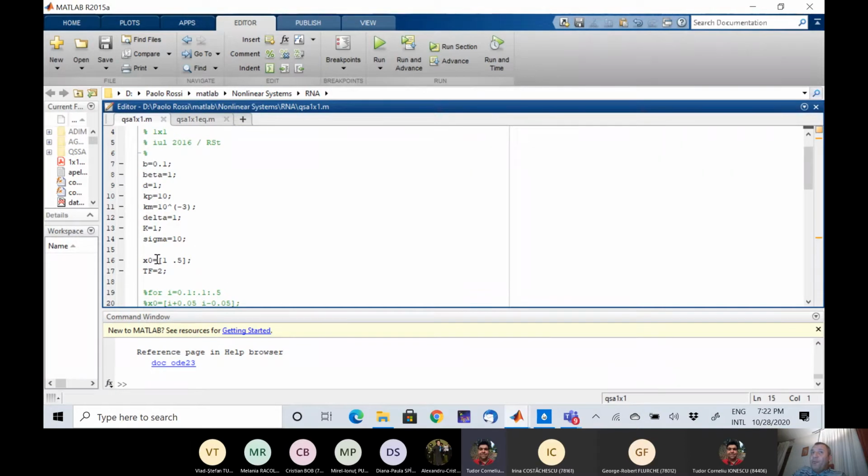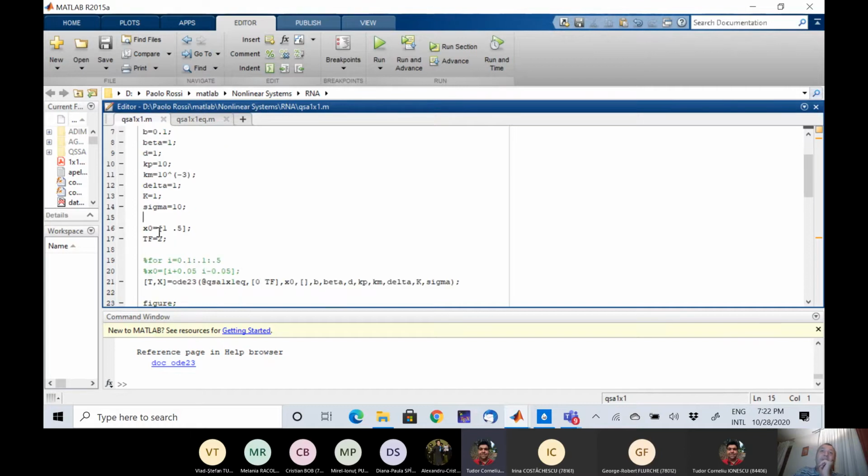Then you have to fix an initial condition, right? X0 is 1 and 0.5. And you have to fix a time horizon on which you make the simulation. So your initial time moment is 0, and you go up to the time equals 2.